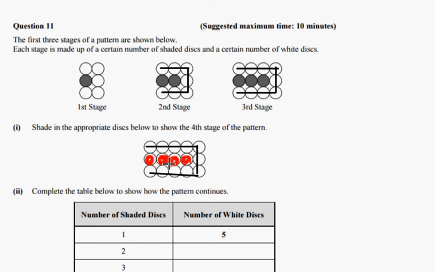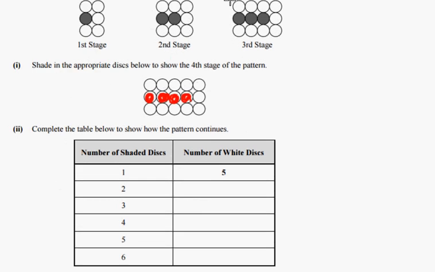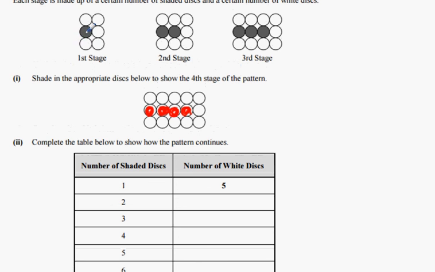That makes sense? Okay. Now that that's done, what we're going to do next is this. What is the number of shaded discs? How many for the first one? 1 dark and 5 white. Next one? 2 and what do you say? 7.